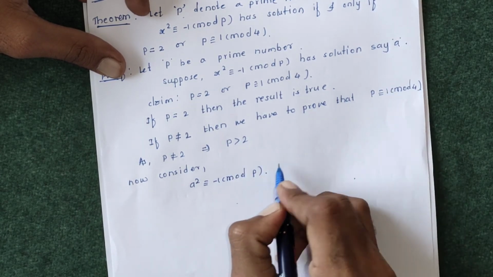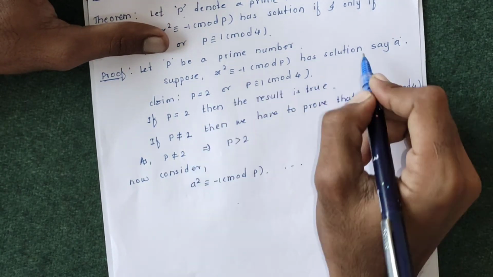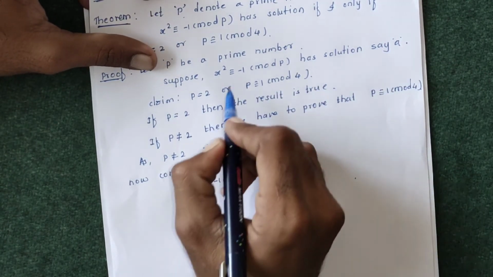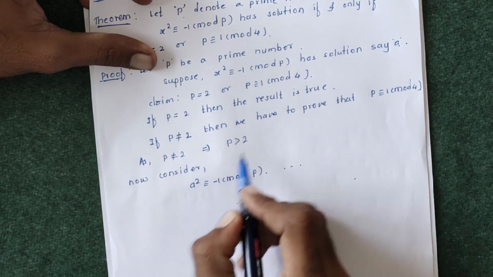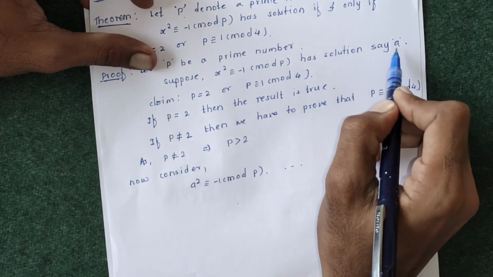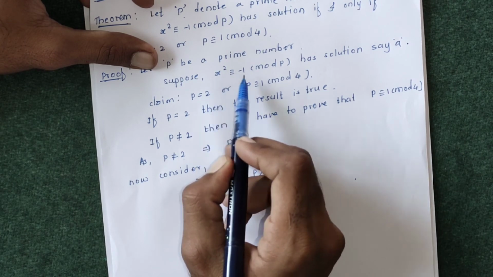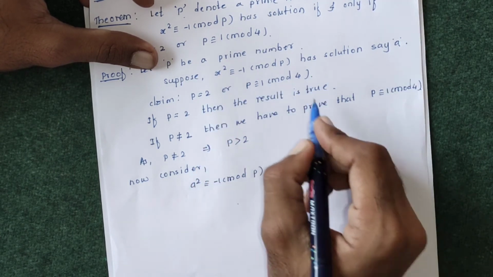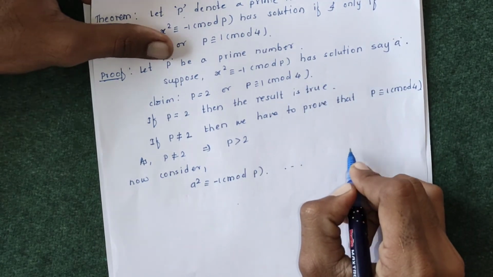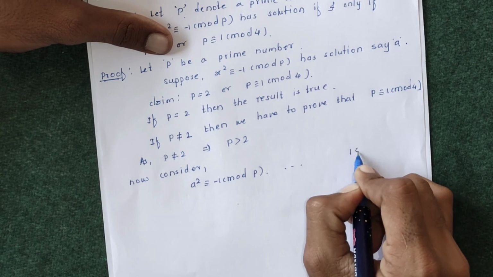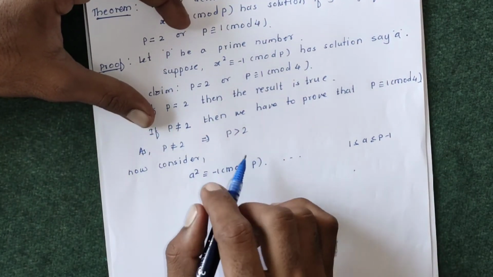I have written this because x square is congruent to minus 1 mod p has solution a, and any solution of the congruence must be from the CRS under modulo p, that is, our a must vary from 1 to p minus 1.